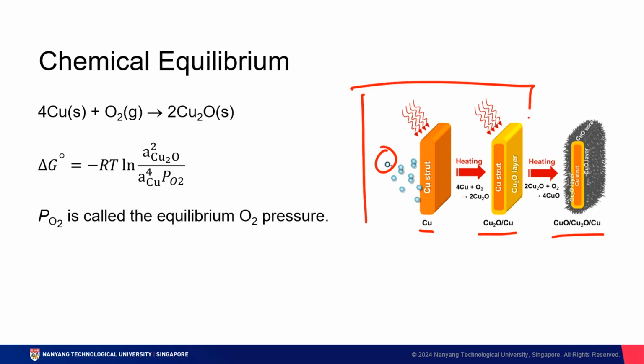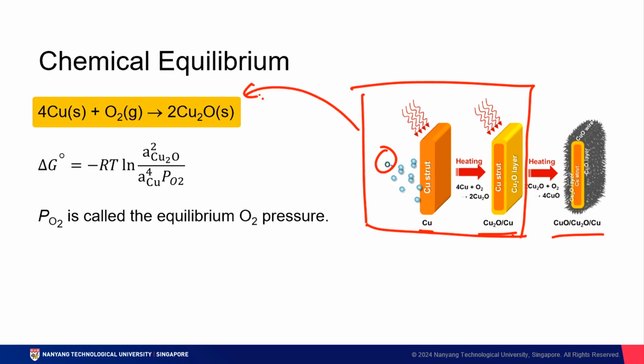Here, I want to focus primarily only on this process, which is expressed in this reaction over here. So, if we were to substitute this directly into the equation for standard Gibbs free energy, you will notice that the values here have been substituted here, and the values have been substituted here.